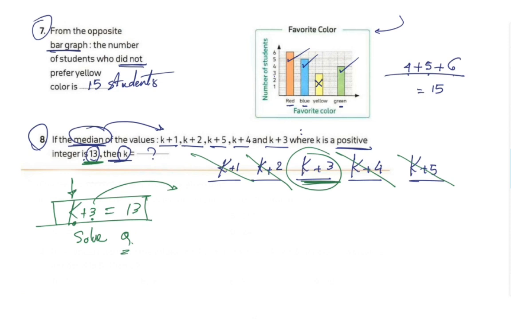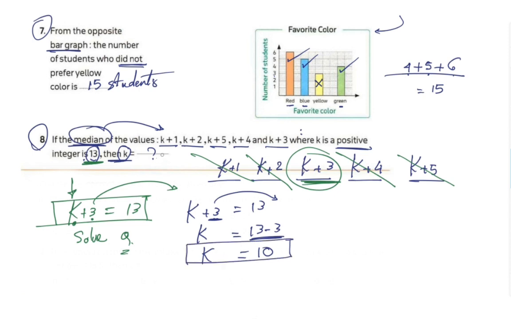The left side has k, and I send the 3 to the right side as minus 3. Now k equals what? 13 minus 3, that's equal to 10. So 10 is the value of k.